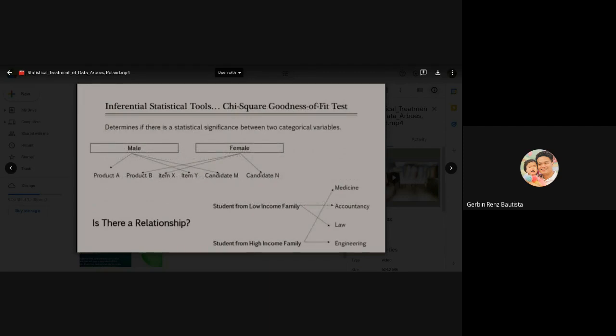The chi-square test, or the chi-square goodness of fit test, is used to determine whether there is a statistically significant association between two categorical variables. In business research, this technique is used to determine if a relationship exists between any two business parameters that are of categorical data type.